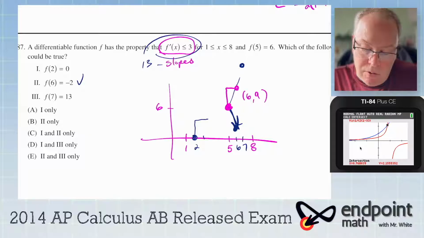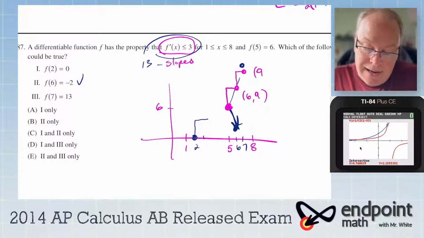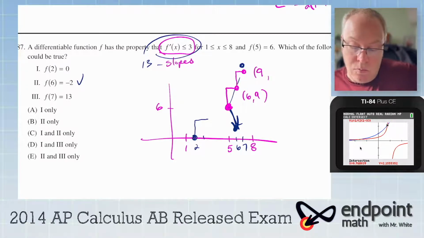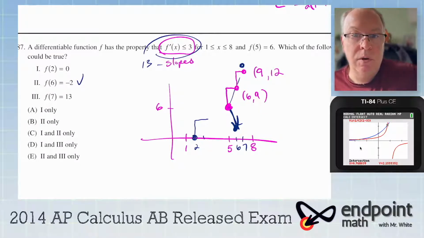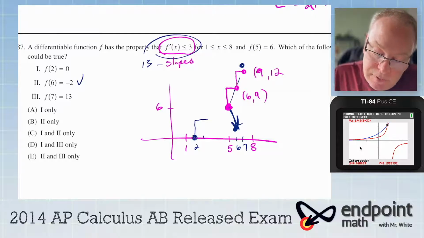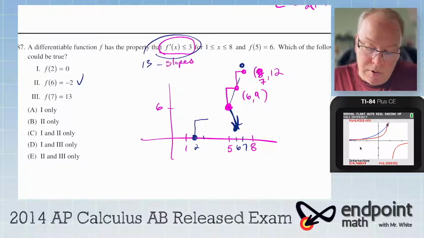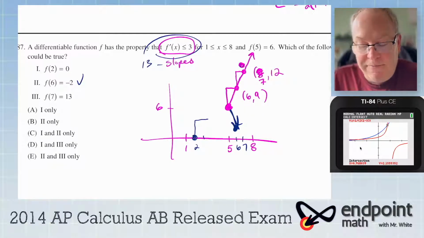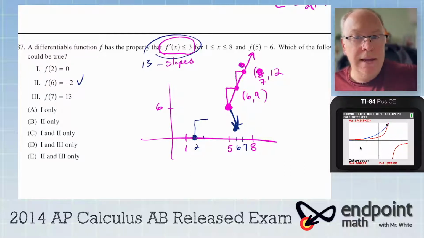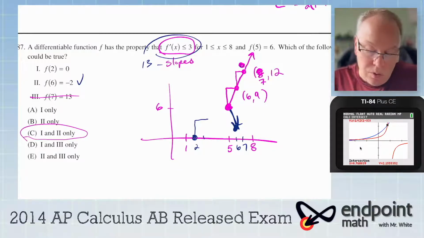Then if we go up 3 again, which is the maximum rate we can do, we would be at 12. I'm sorry, this is at 7, up 3 over 1. So could we ever have gotten to this point up top? Nope, because this was the fastest rate we could have ever gone, and that last point is above that. So the answer is 1 and 2 only.